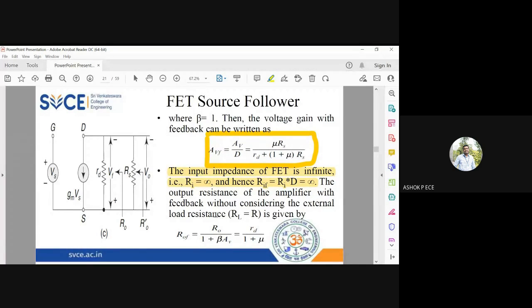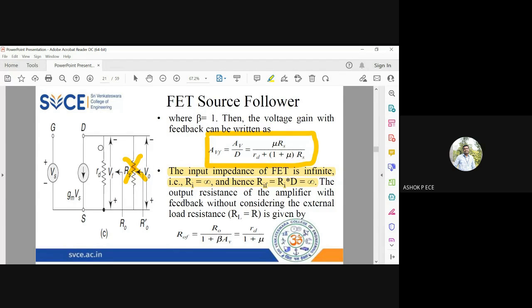So output resistance without considering the load, means, see, remove RS. When you remove RS, what resistance do you see at the output side?